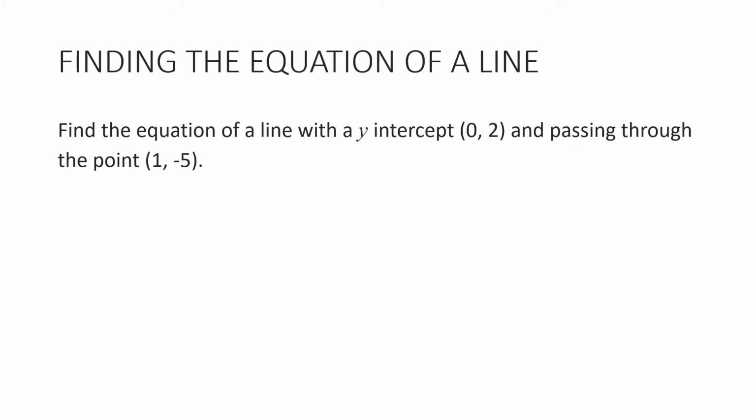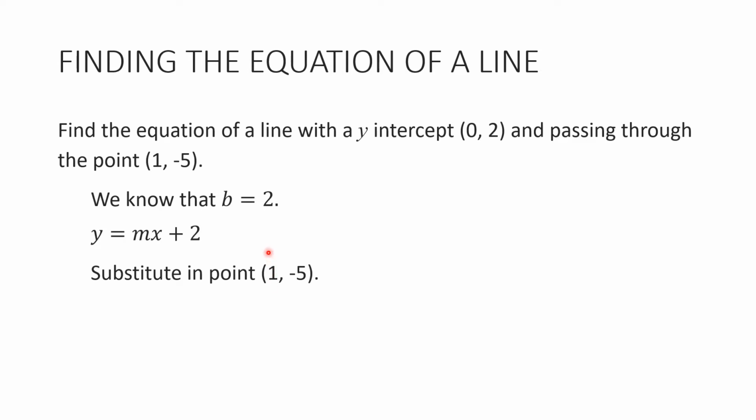How about this one? Find the equation of a line with y-intercept (0, 2) passing through the point (1, -5). Now in this case we've got the y-intercept, so we can do that. We know that b is equal to 2, so y is equal to mx plus 2. This point here satisfies this line, so we can substitute this in and solve for m.